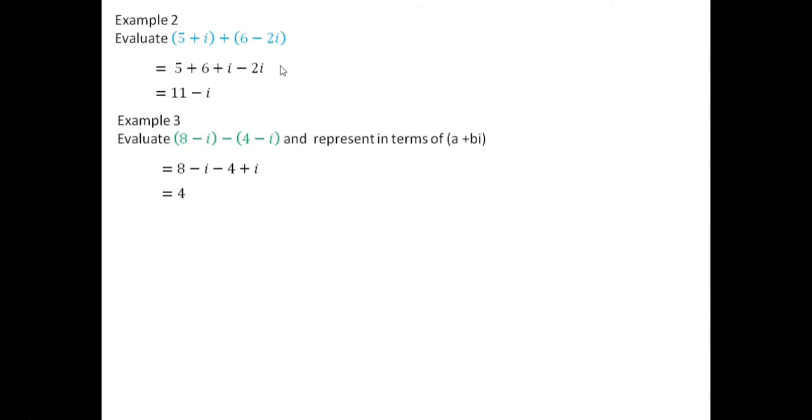Now we must represent our answer in terms of a plus bi. So here 4 will be a, and what will be b? Because we have no other term after 4, that means b is 0. So we'll denote this as 4 plus 0i.